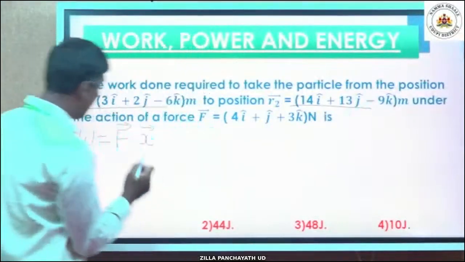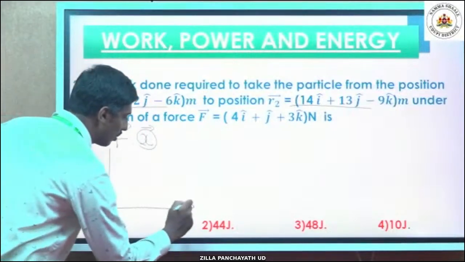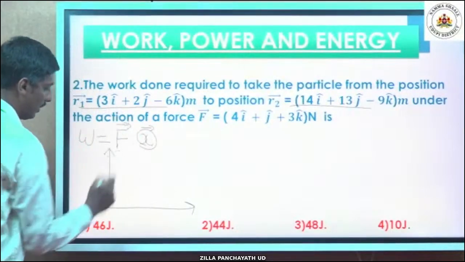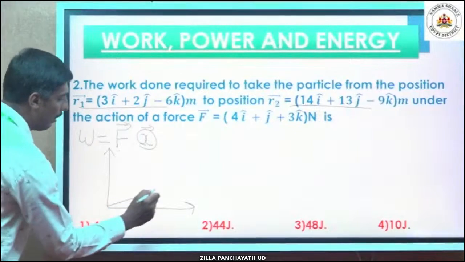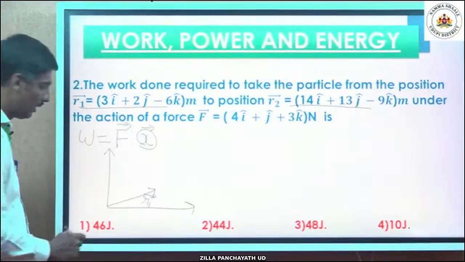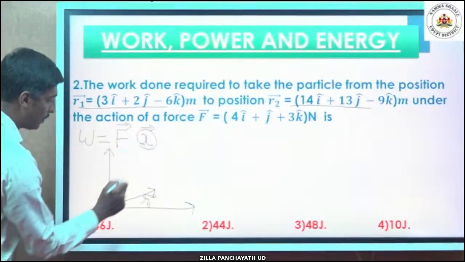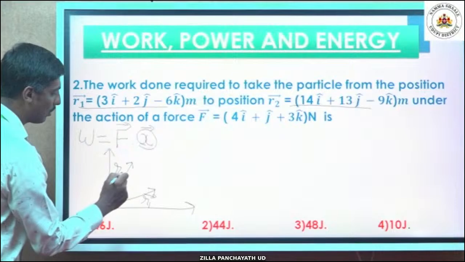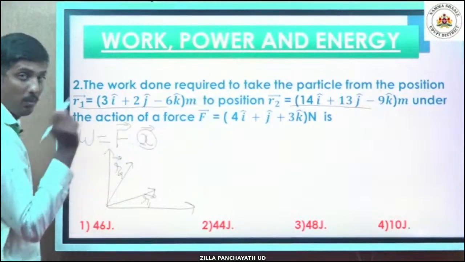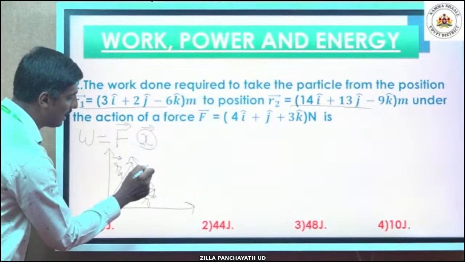Is it right? Here I actually want the displacement. So what is the equation? See, I'll draw the diagram. Initially, we have this as the R1 vector. Now I want to take the particle from R1 to R2. There is one more position vector given here, so R1 and R2 are the position vectors. Now I want to take the particle from R1 to R2, which I call the displacement.